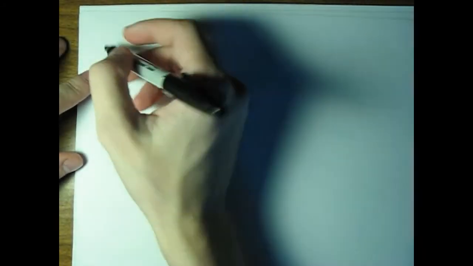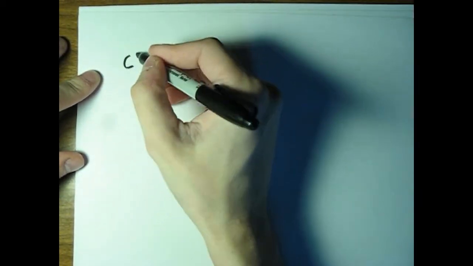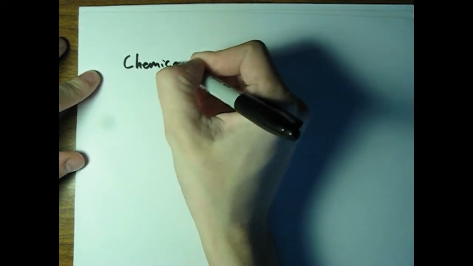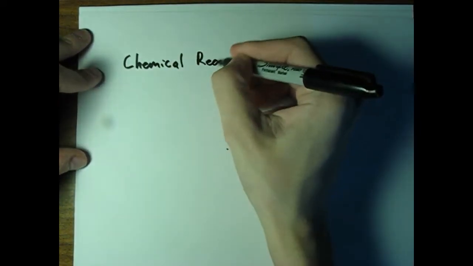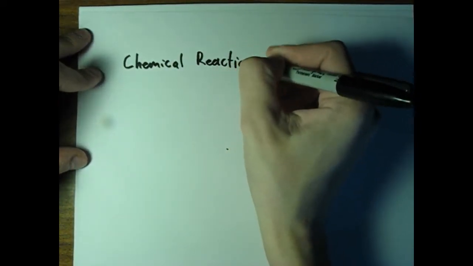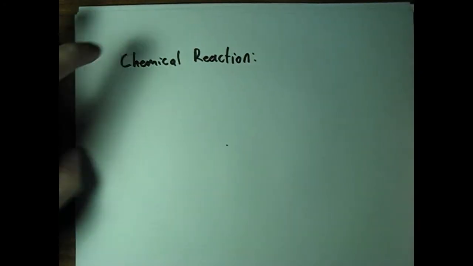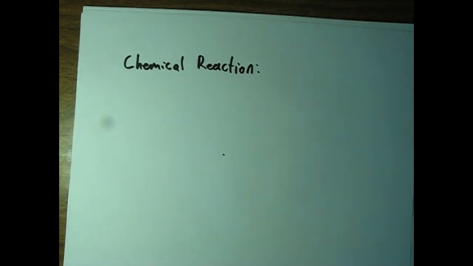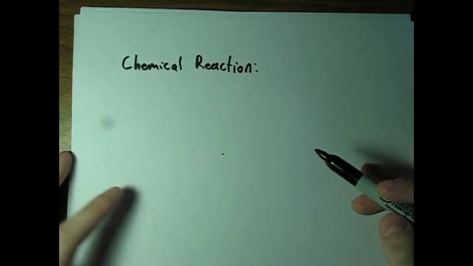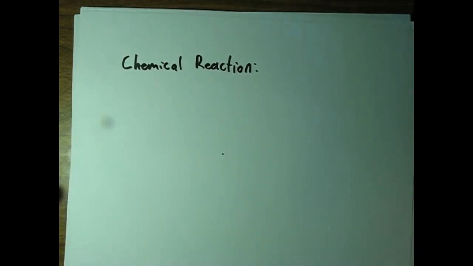First, let's define what is a chemical reaction. It's a process that transforms an initial set of chemicals into a new set of chemicals.